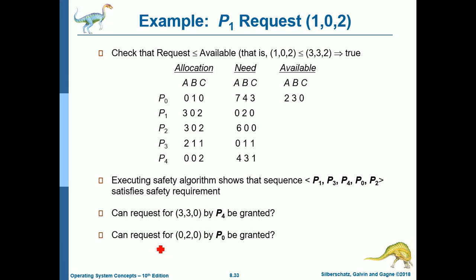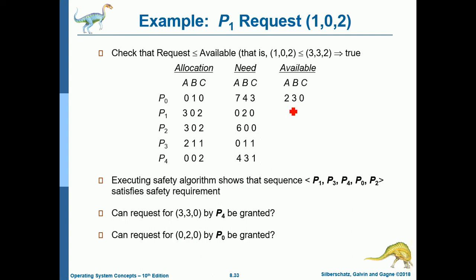So, another question is, can the request for 020 by P sub 0 be granted? So, we're going to have 020. But before that, the P sub 1 has already requested 102. So, actually, it still fits.